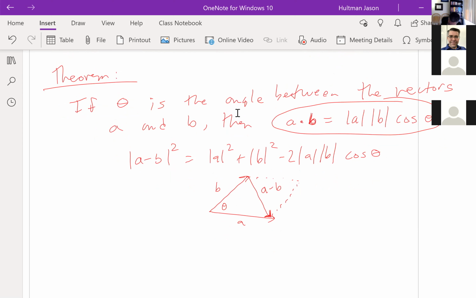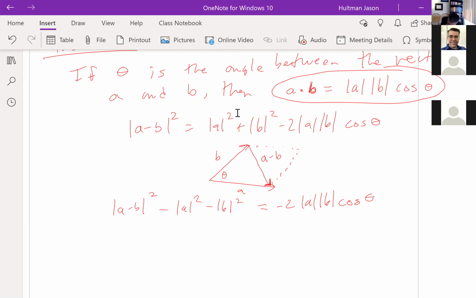Well, we would get the magnitude of A minus B squared, minus the magnitude of A squared, minus the magnitude of B squared, is equal to negative 2 times the magnitude of A, magnitude of B, cosine theta. So let me divide by the negative.